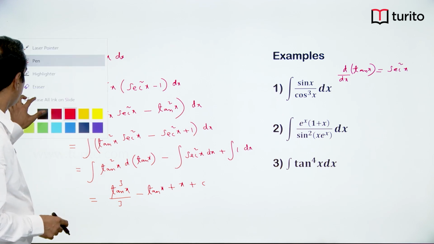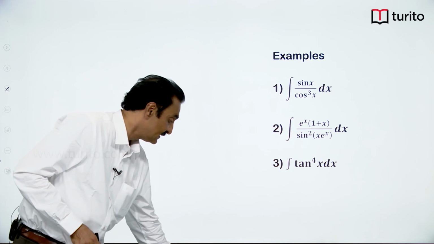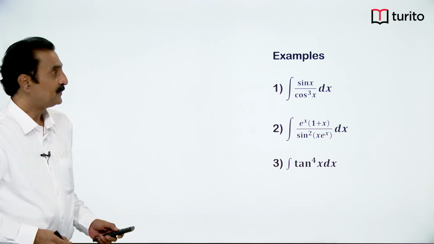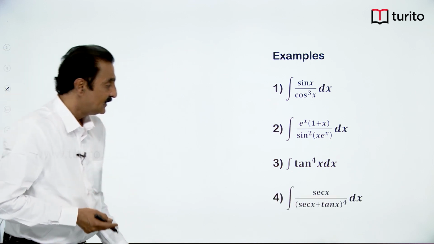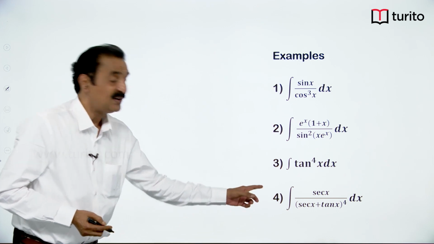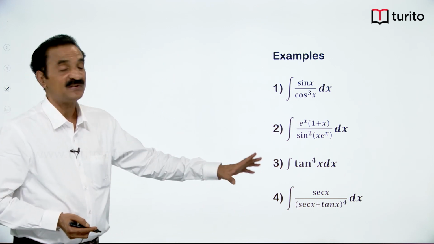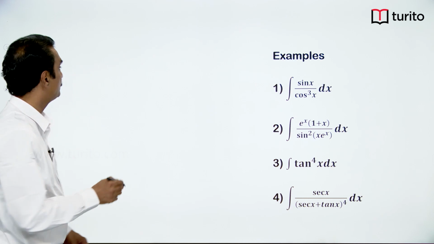Now, more examples. Integral secant x by secant x plus tan x whole power 4.